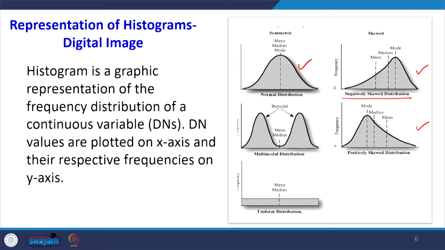So, in a negatively skewed distribution, we have very high values towards the higher side. So, that means the objects which are present here are much brighter.